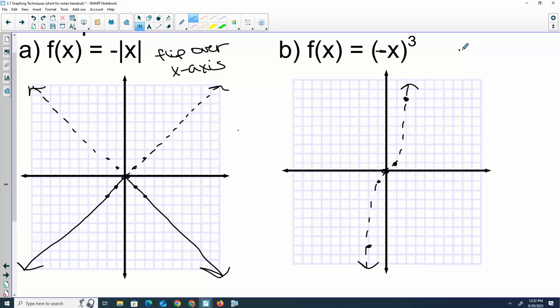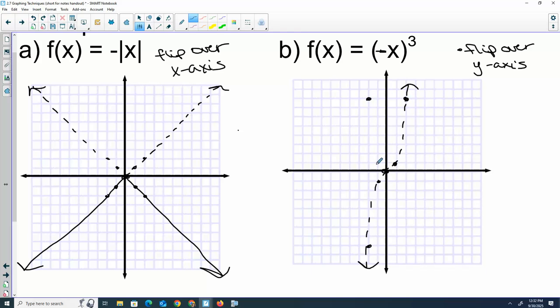Okay, this time the negative is inside. It's attached to my x. So it's changing the signs on your x's. So it will flip it over the y-axis. Or if you think about the point, this is 2, 8, so it goes to negative 2, 8.